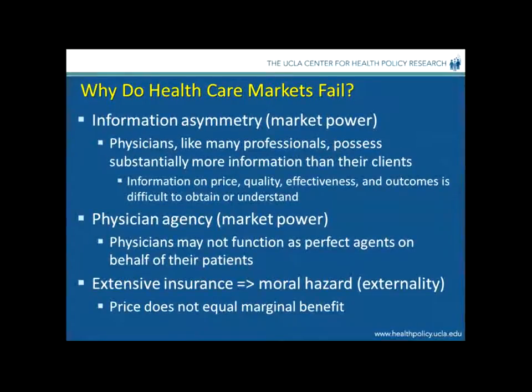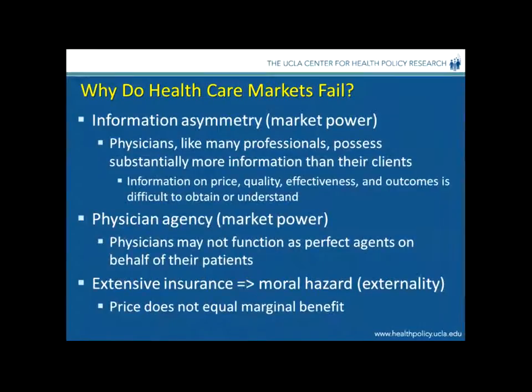But one cause of market failure in healthcare is what's known as information asymmetry, which is a form of market power. Specifically, physicians and other healthcare professionals, like professionals in other settings, not just in the healthcare industry, possess more information than their clients.